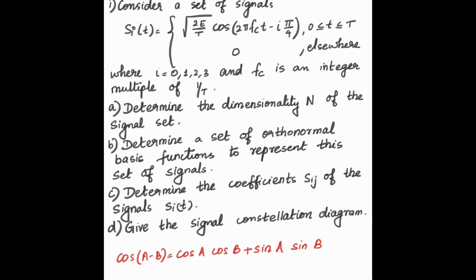Elaborating and writing the equation, Si of t is given by this formula, using the cos a minus b formula. If you compare this signal with the general equation, that is Si1 into phi1 of t plus Si2 into phi2 of t, from this equation we can write what phi1 of t and phi2 of t are.